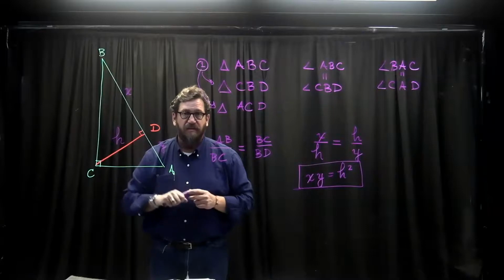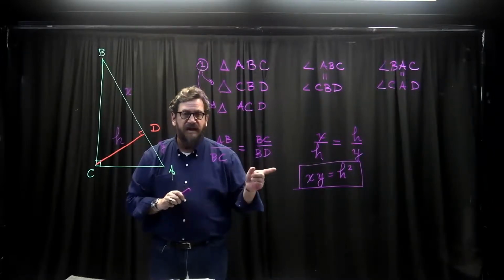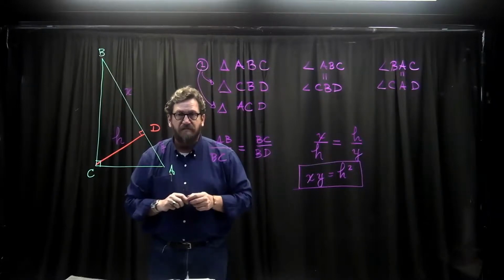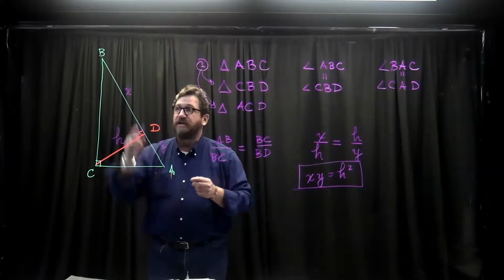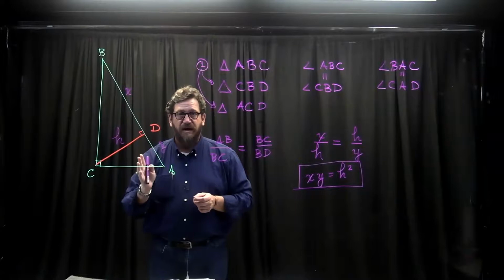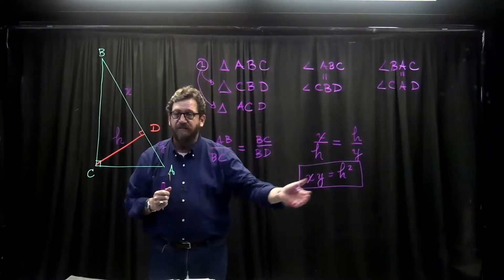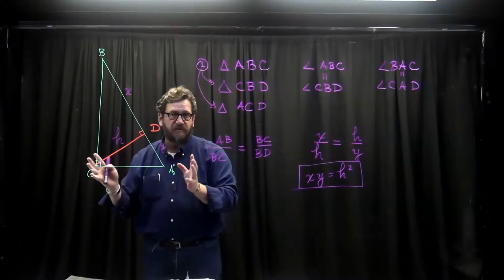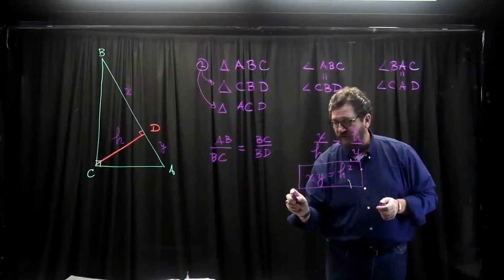The square I could build on H. And this is a very interesting finding because this is actually referred to as the geometric mean. The geometric mean of two numbers, X and Y, is said to be the number that you square that gives you the product of X and Y, and that's what we just found. So this very simple construction shows us the geometric mean of two numbers.